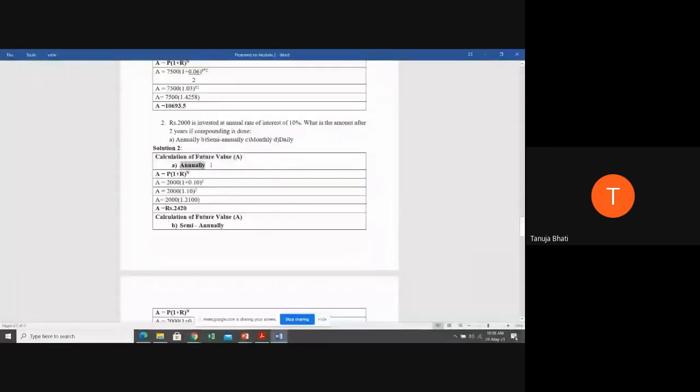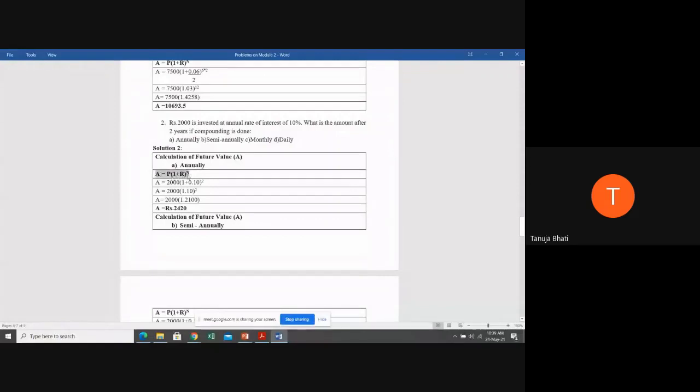The formula remains the same. Only if it is semi-annually, divide R by 2 and multiply n by 2. If it is monthly, divide R by 12, multiply n by 12. If it is daily, divide R by 365, multiply n by 365. Since it is annual, the first calculation we are doing is annually. So write the formula. A is equal to P in the bracket 1 plus R raised to n.